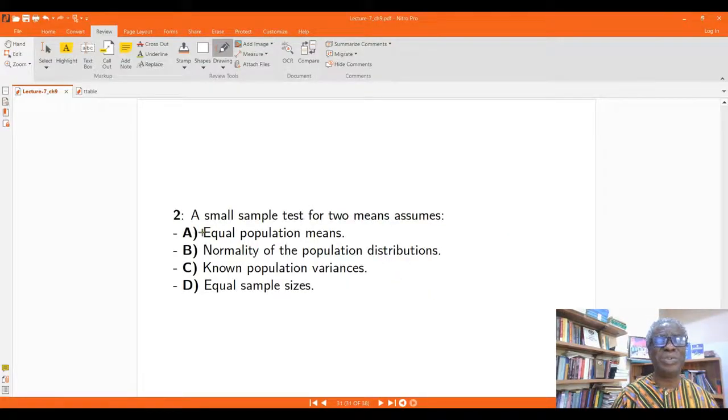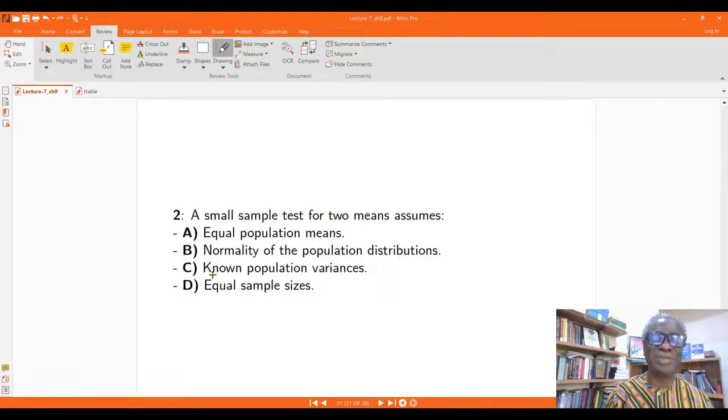Question 2. A small sample test for 2 means assumes, yes, this is very important, equal population means? No. It assumes normality of the population distribution.